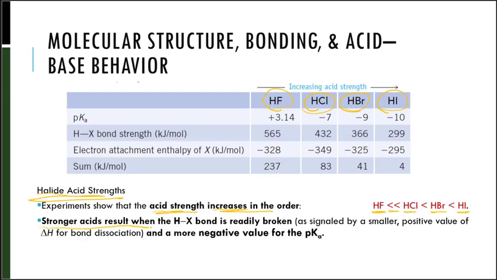The stronger acids result when that H-halide bond is readily broken, and when it's readily broken, we see that by a smaller, more positive value of delta H. If it's more readily broken, it takes less energy to break that bond. And we can see the acid strength increases going in this direction, and we have a more negative value for the pKa, more negative as I go to the right as strength increases.